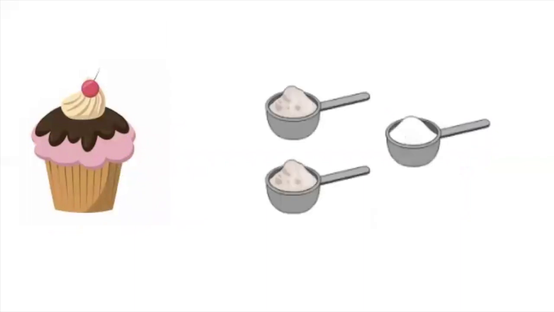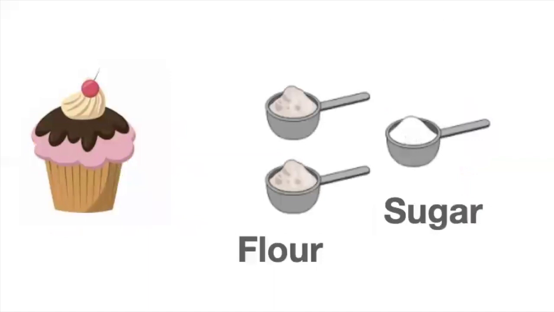If you want to make a cake or a cupcake, you might be encountering some ingredients. For example, we have flour and sugar. For every 2 cups of flour, we add 1 cup of sugar. So this can be represented as 2 to 1.